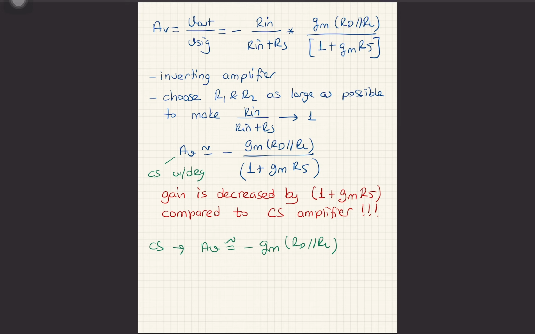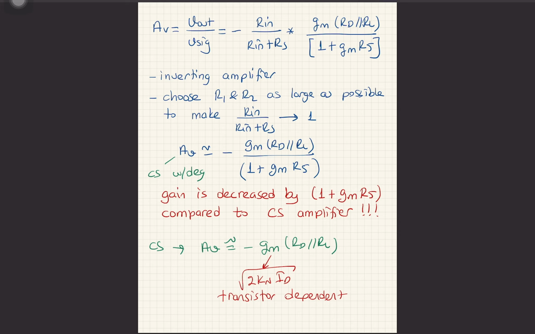Well, the result is quite obvious, I guess. The main reason is this Gm is transistor dependent. Remember the Gm value. It is 2K ID in square root, so it is transistor dependent. So that can be a problem.